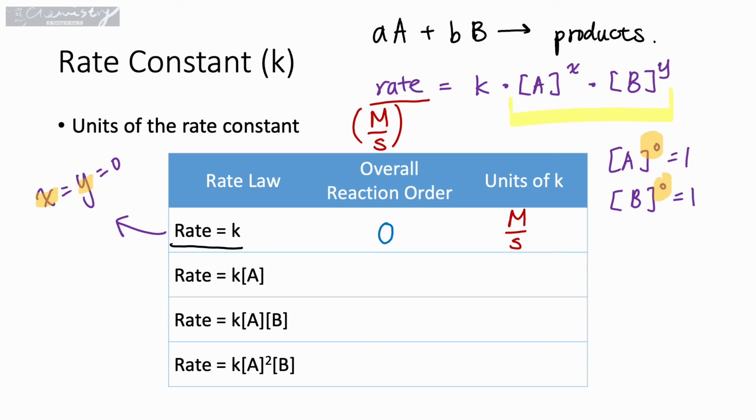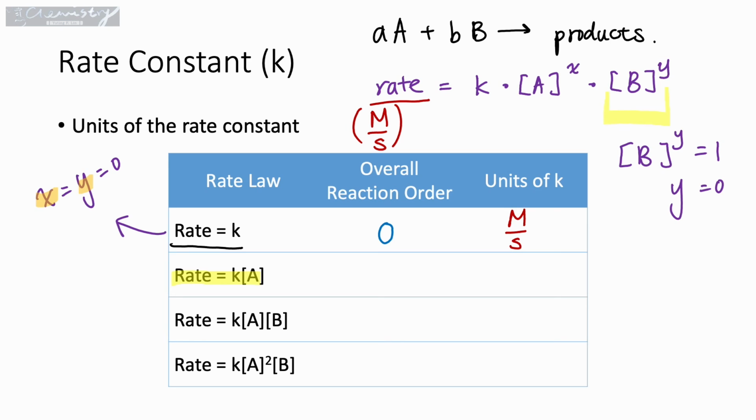Now let's look at the next case. So for this case, we have rate equals k times the concentration of A. In this case, this is telling us that in the rate law, this term is going to be 1, right? Because the concentration of B is not in there. So that means that the concentration of B to the y is equal to 1 and y equals 0, because anything to the 0th power is 1.